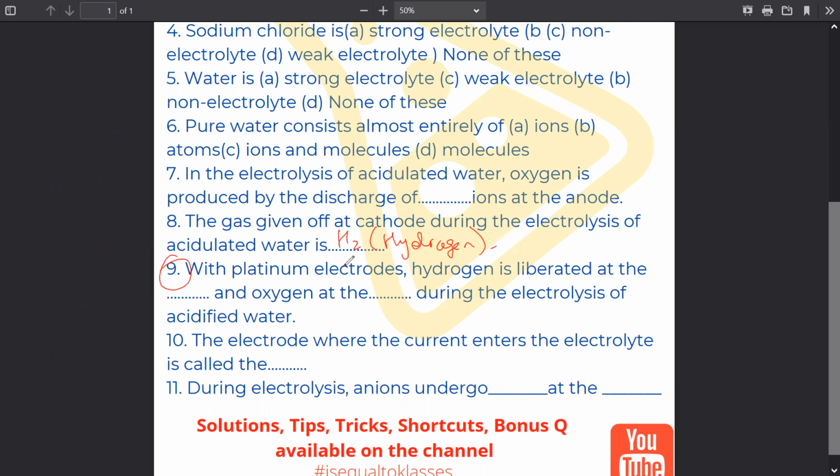Ninth question. With platinum electrodes, hydrogen... So platinum electrodes are inert electrodes. Whereas copper electrodes are active electrodes. And platinum electrodes are inert electrodes.